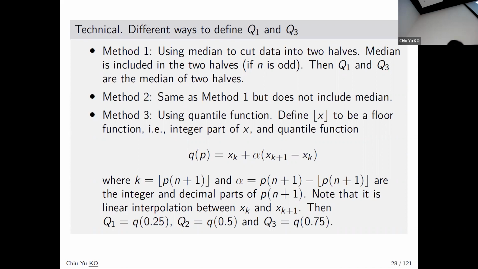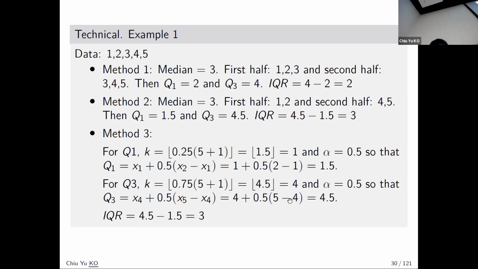The k is the integer part, the round down part, and alpha is the decimal places. So that is how you get this formula.